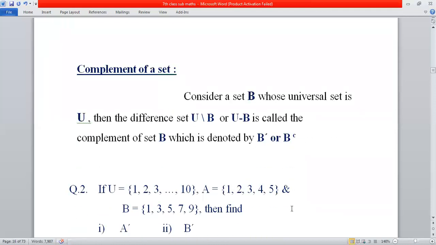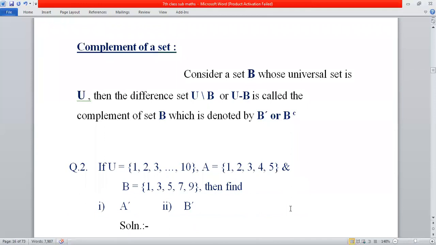Now come to the exercise. In question number 2, you are given 4 parts: find A complement, B complement, C complement and D complement. I didn't mention C and D here because I solved A complement and B complement here.